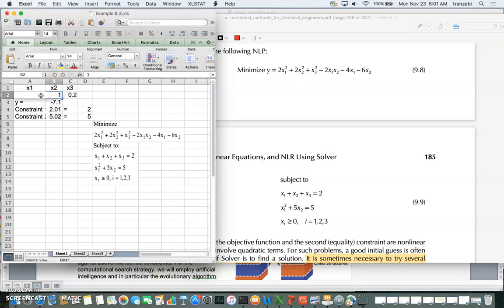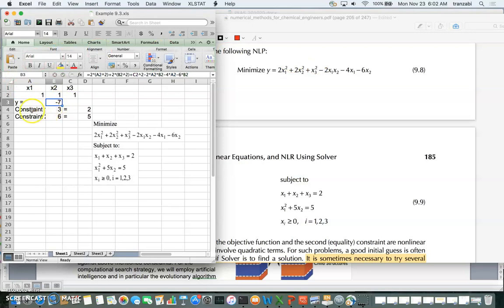Let's say 1, 1, 1. And I'm going to formulate the objective function into this cell. It's supposed to be 2 times x1 squared plus 2 times x2 squared plus x3 squared minus 2x1 x2 minus 4x1 and minus 6x2. That's exactly right here. Okay, so this is going to be our objective function.